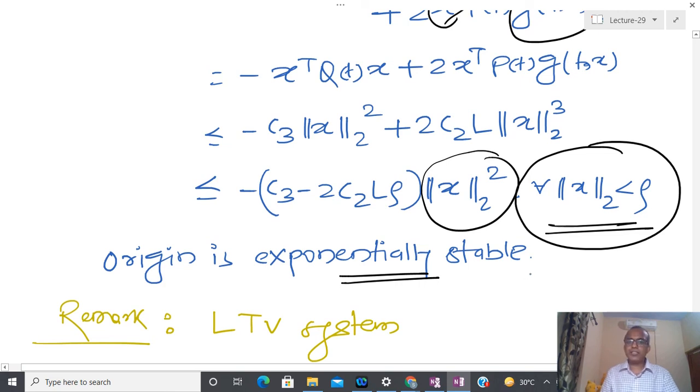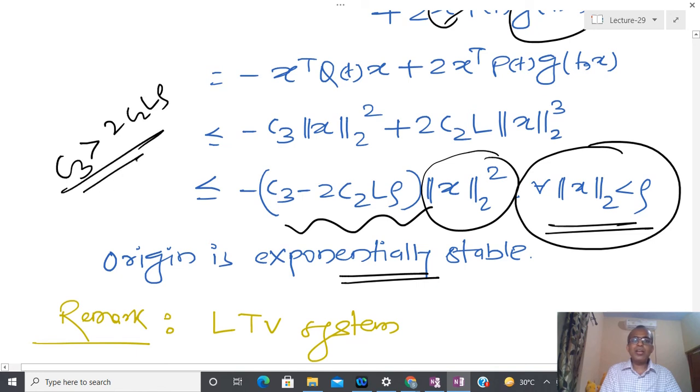So this kind of condition we have, and you can see that based on rho I can tell that this C3 should be greater than 2 C2 L rho, then only I can talk about the exponential stability. So I am able to see under which region the exponential stability, obviously we can talk about asymptotic stability also, is valid.